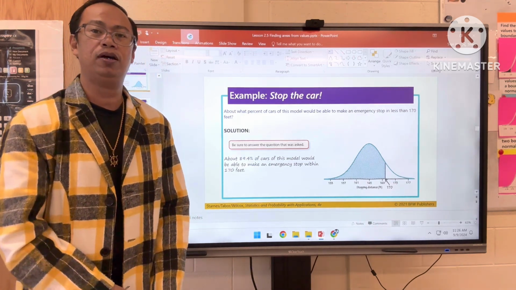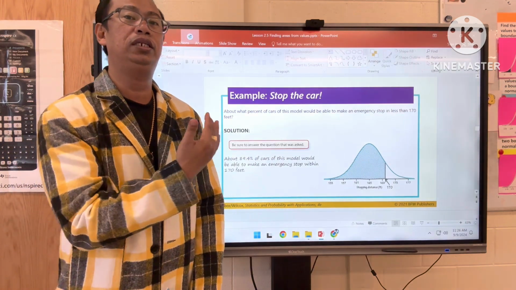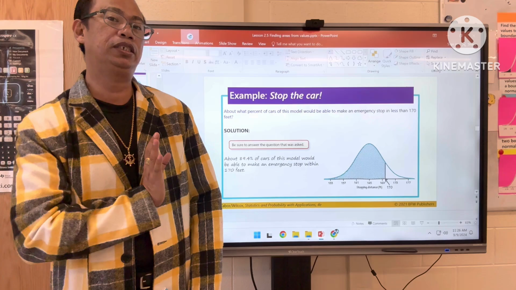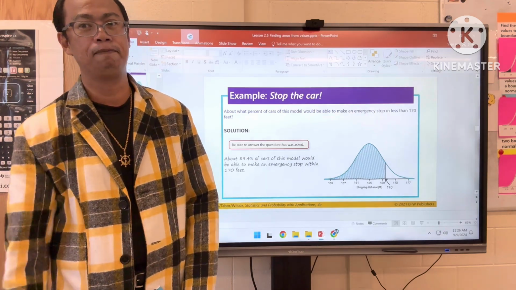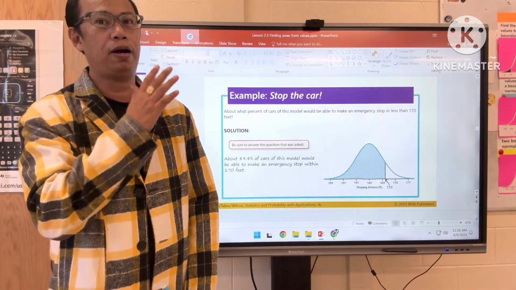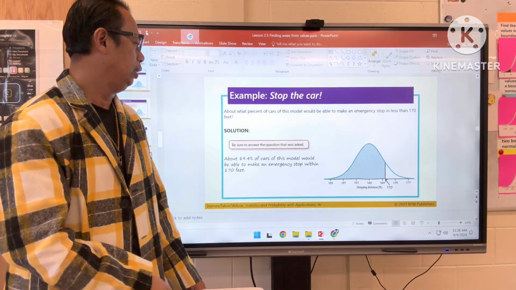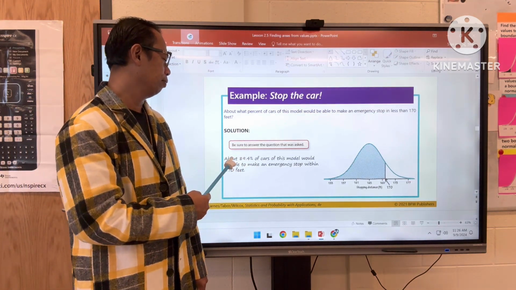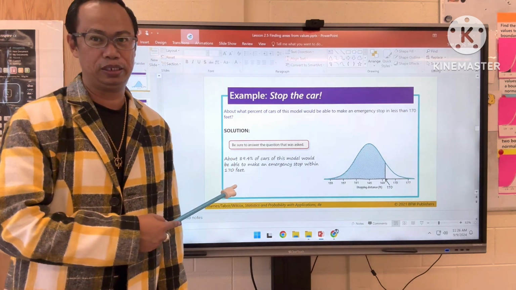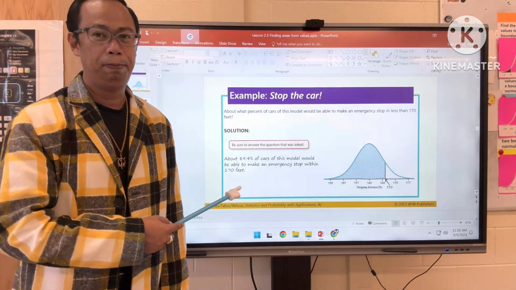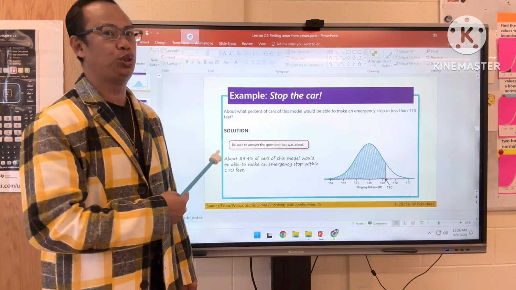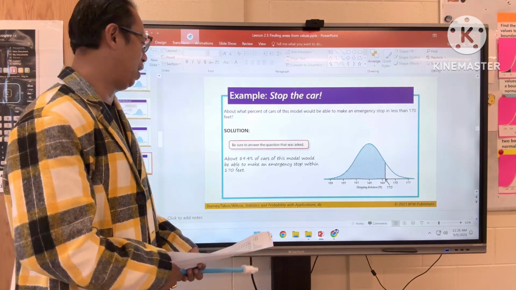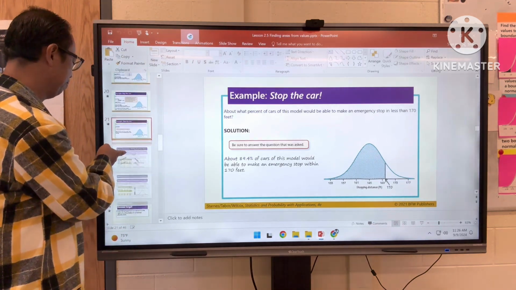She is safe because she is within 170 feet. But if it's less than that, then it's a problem. But this is 89.4%. We still have 10.6% of chances. But it's nice to hear that Martha is safe. That's the most important one, that Martha is safe.